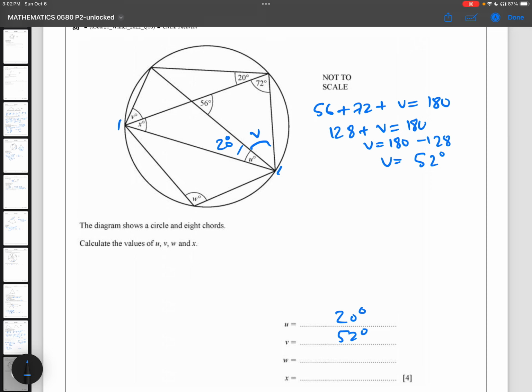So angles subtended by the same chord in the alternate segments are supplementary. It means when we add them, they will be equal to 180 degrees. So w and this 72, this is the angle subtended by the same chord in the different segments. So if we add them, w plus 72 will be equal to 180. And the 72 will be subtracted from 180 to get w. This will be equal to 108 degrees.